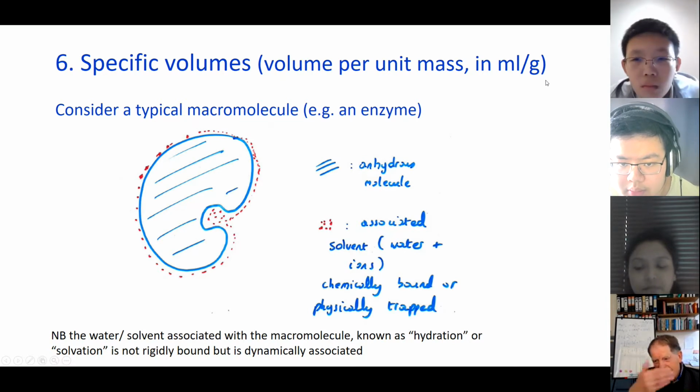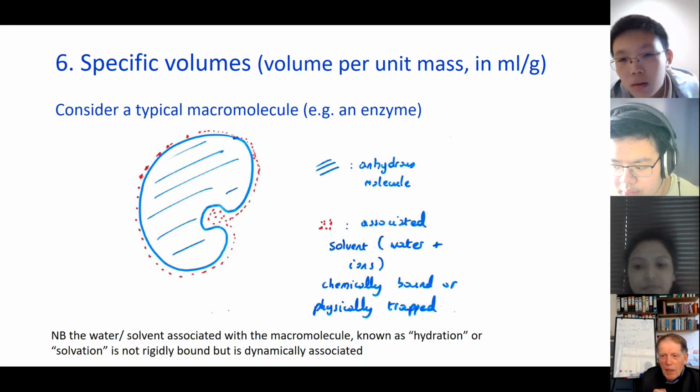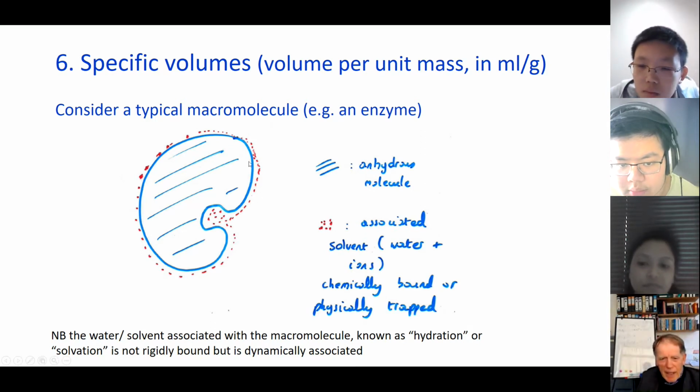So in a sense, it's the sort of reciprocal of density, because density is mass per unit volume. Specific volume is volume per unit mass. And the reason why it's useful, or one of the reasons, is it enables us to represent the water relations of macromolecules.